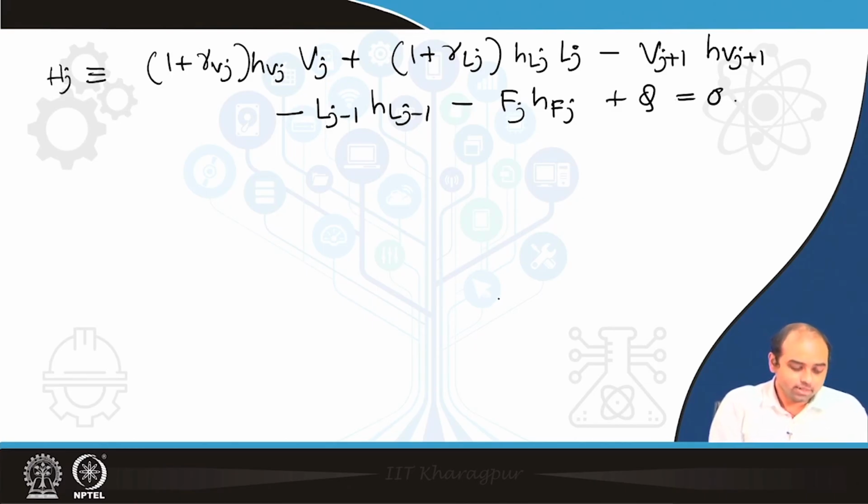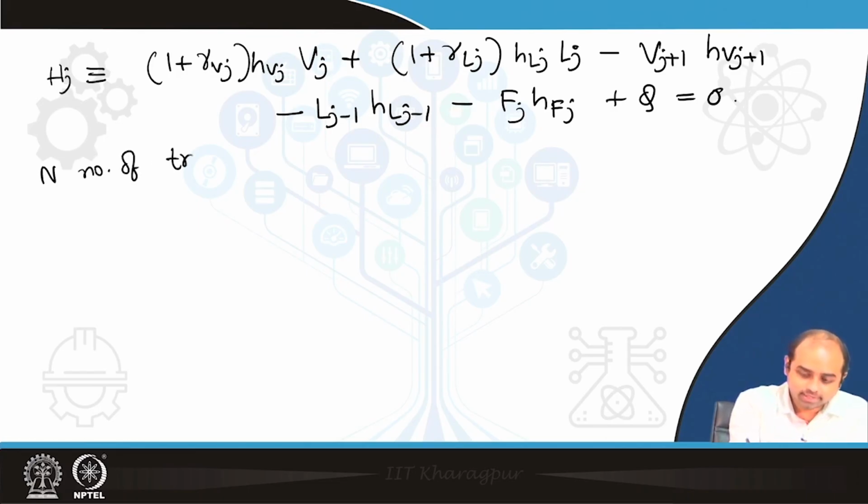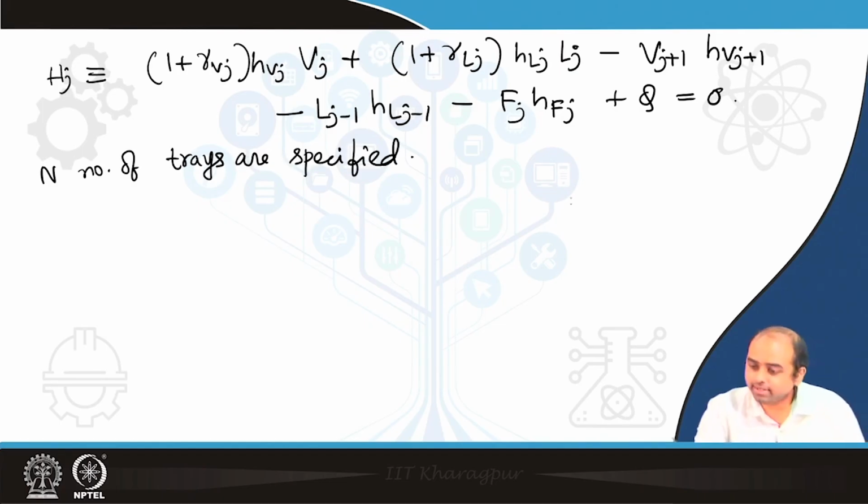Now let us see that n number of stages, n number of trays, are specified. Let us say you have the tray nomenclature like this.